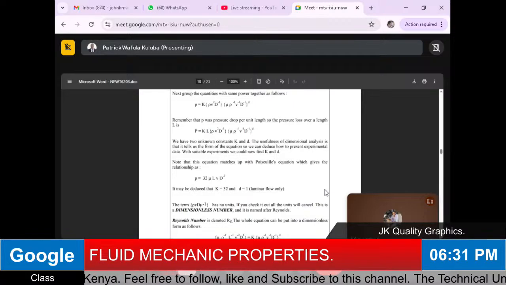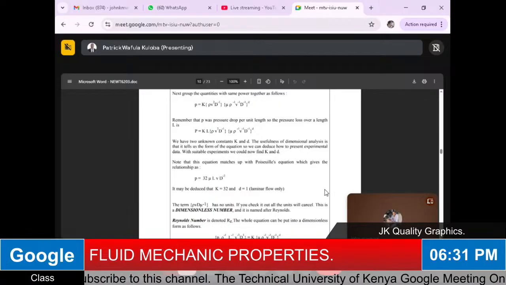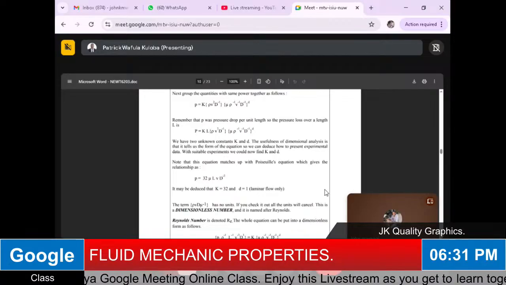So you can just write the statement: the dimensionless number method of determining indices has been used to determine dimensionless numbers.